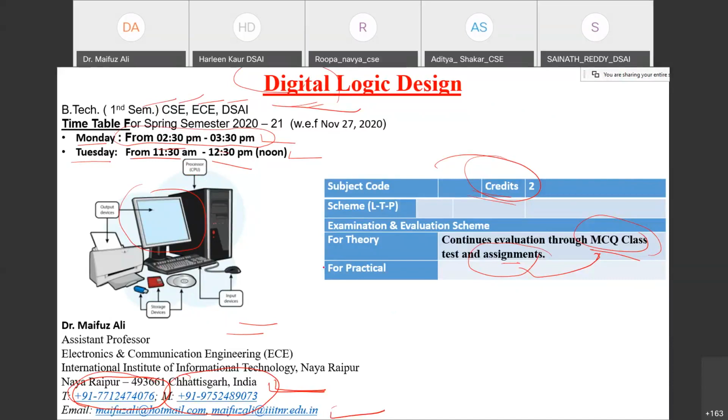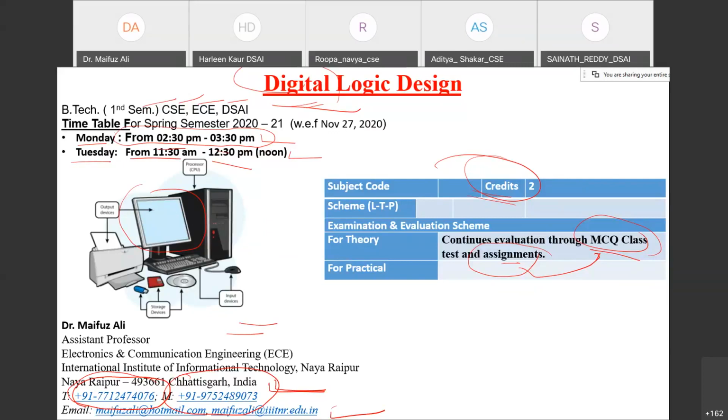For this evaluation, we have 2 terms: one is the assignment, one is the class test. As all students have no desktop or laptop, they have a smartphone. So we are not giving any descriptive type question, but we will keep some objective type questions, sometimes multiple choice type questions, and you have to submit.